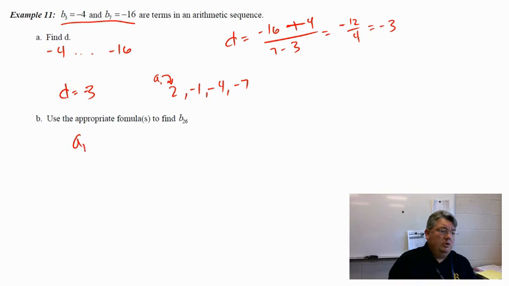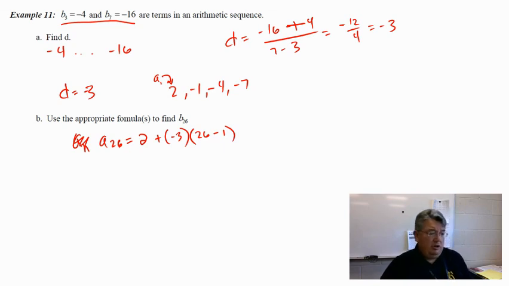So the 26th term is equal to the first term, 2, plus the common difference, so plus a -3, times n, which is 26 here, minus 1. Okay, so I'm going to go 2 plus the -3 times 26 minus 1 is 25, and I get -73, which fits with what I know because it's getting more and more negative all the time. So there's my answer there.